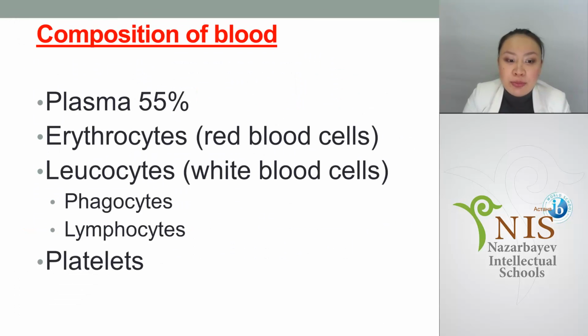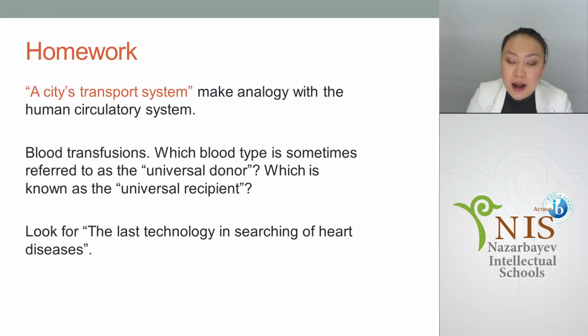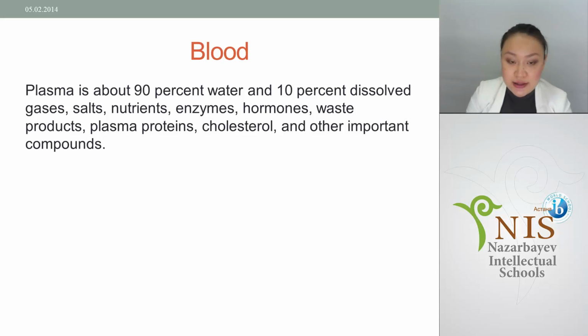Okay, composition of blood: plasma 55%, and plasma mostly consists of water, red blood cells, white blood cells, and platelets. Blood is about 90% water and 10% dissolved gases, salts, nutrients, enzymes, hormones, waste products, plasma proteins, cholesterol, and other important compounds.